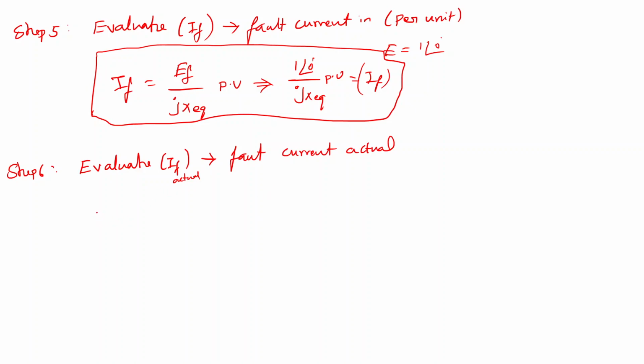We saw in the first module that to find the actual value from per unit, the formula is IF per unit into I base. How can we find I base? Usually we calculate it from the values given in the question itself, so the base value will be given in the question.